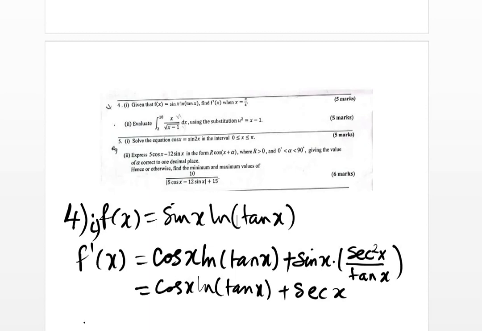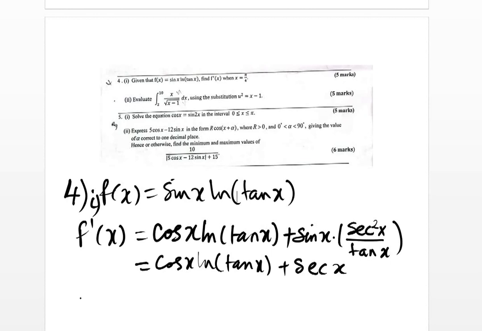Now, they want the derivative f prime of pi over 4. We're going to substitute directly.